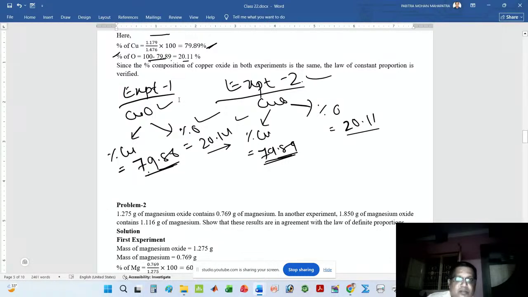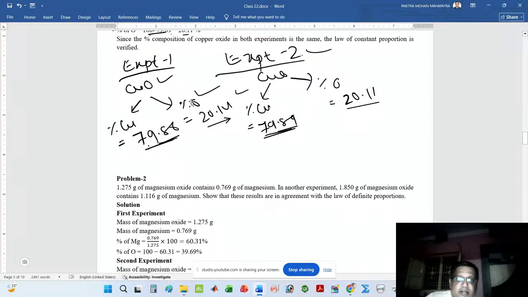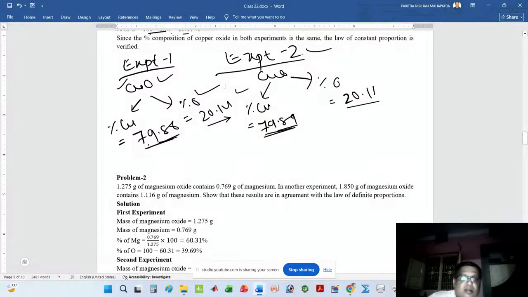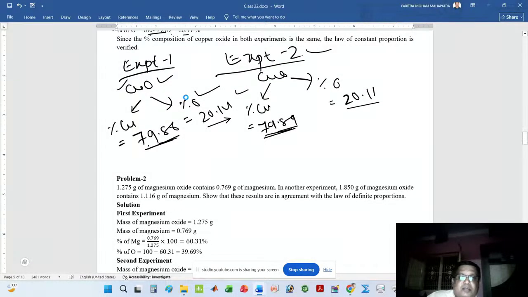So if you think about both experiment 1 and 2, you can say that copper oxide has the same composition, made by two elements, copper and oxygen. They are made in a fixed proportion. Here the percentages of copper and oxygen are similar to the corresponding other experiment.